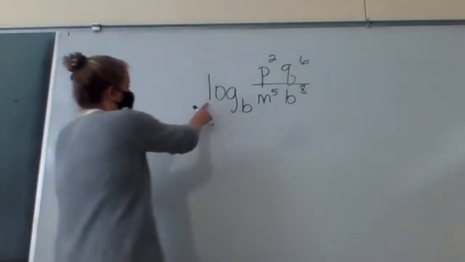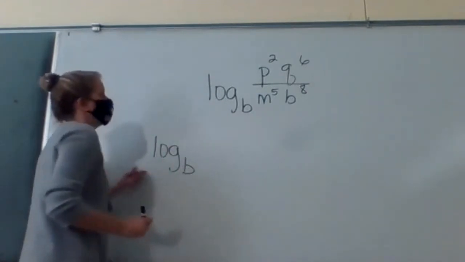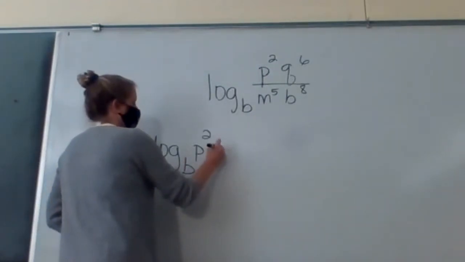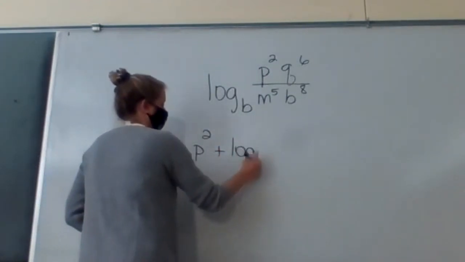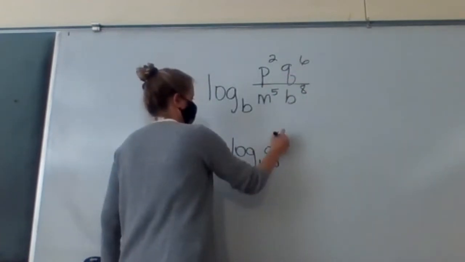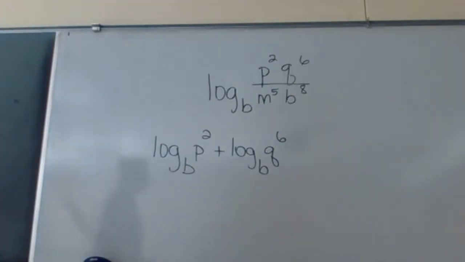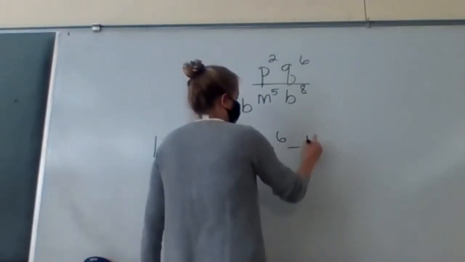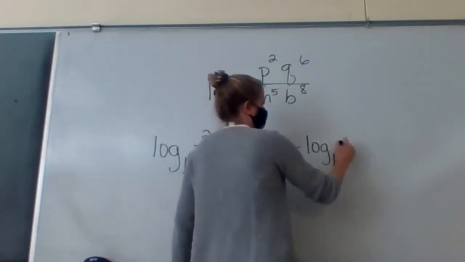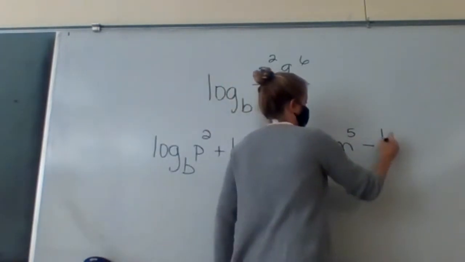So let's see, I've got log base b of p squared plus log base b of q to the 6th. So that took care of my numerator. Now I'm going to have minus the denominator ones. So minus log base b of m to the 5th minus log base b of b to the 8th.